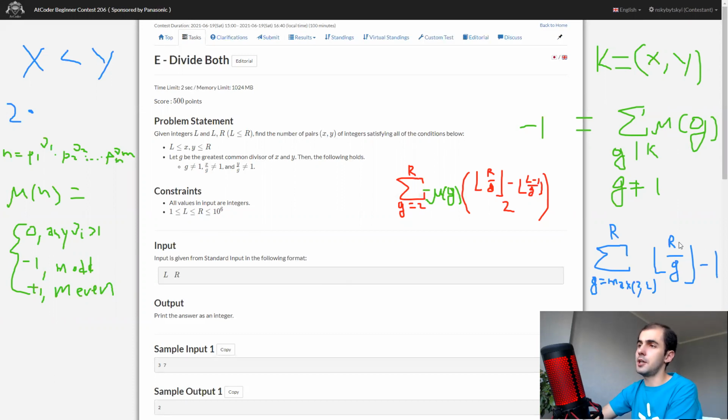But generally I would say that this problem did require you to know about the Möbius function, because it's really hard to come up with it in a contest that is 100 minutes long, given that it is not even the last problem. So I would say that this kind of formula was prerequisite knowledge, unfortunately.